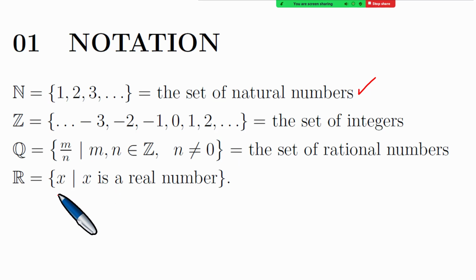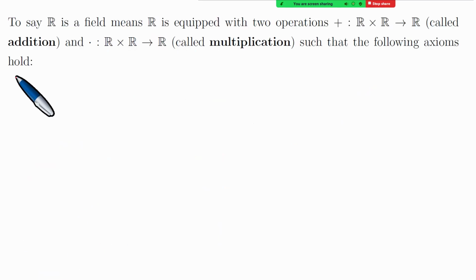The real numbers are defined as to contain X, so that X is a real number. This was possibly a very lazy definition. However, yes, it contains real numbers, but you need to understand that the real numbers themselves are a combination of the rationals and the irrationals. So we know that. Now, to say R is a field, what does it mean to say the set of real numbers is a field?